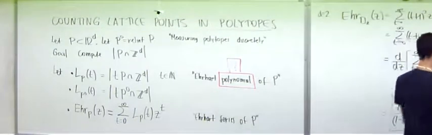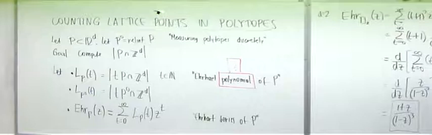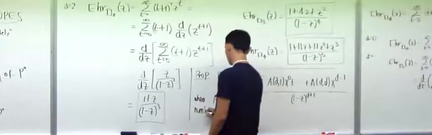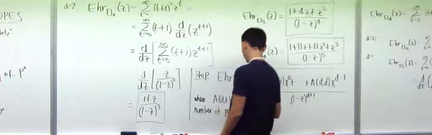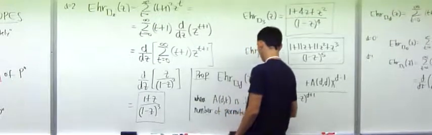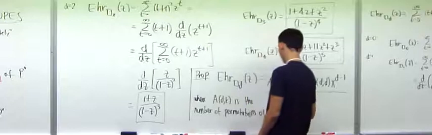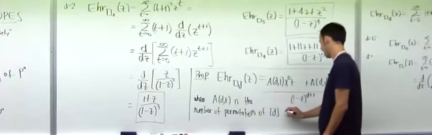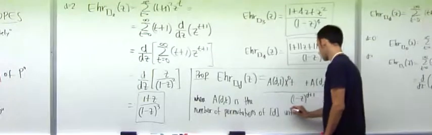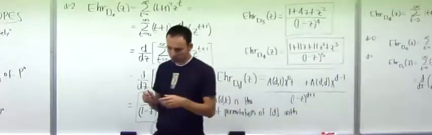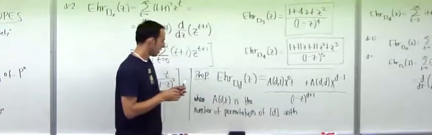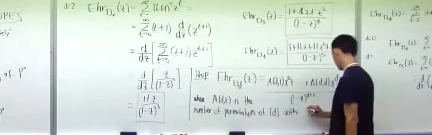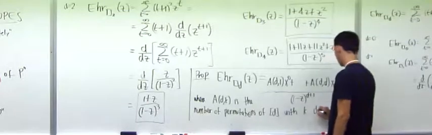It turns out that it's true. So A of d comma k is the number of permutations of the numbers from 1 up to d, such that, and let me first tell you in words, I want to say that they are permutations with k descents.